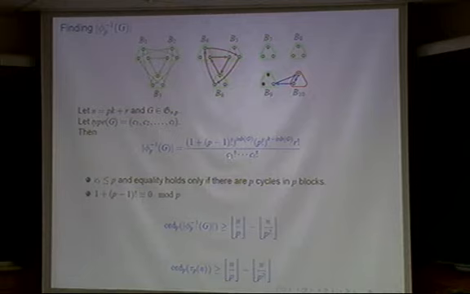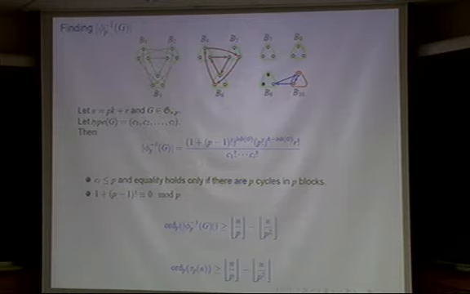Each Ci is less than or equal to p, because there are at most p identical components. And the equality holds when there are p cycles in p blocks. So if Ci equals p, then it needs p squared vertices.